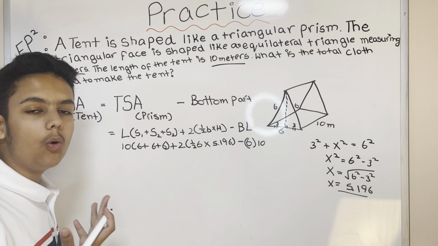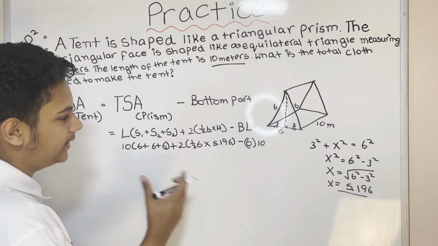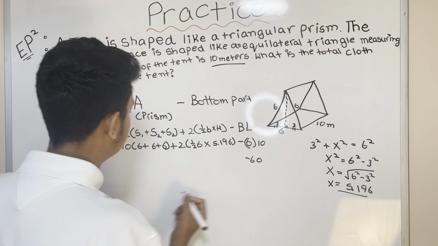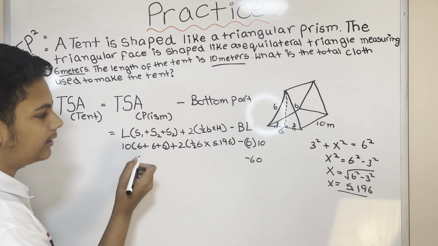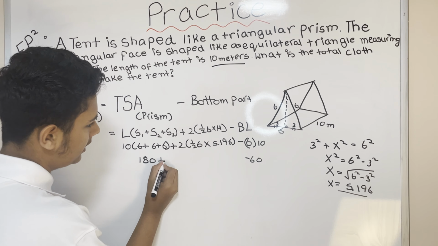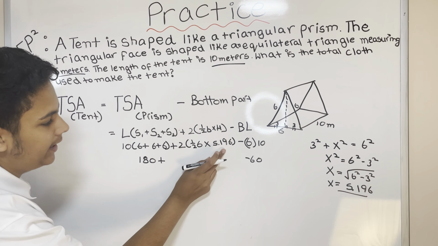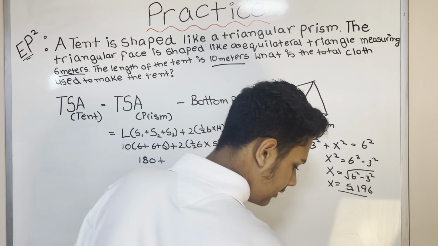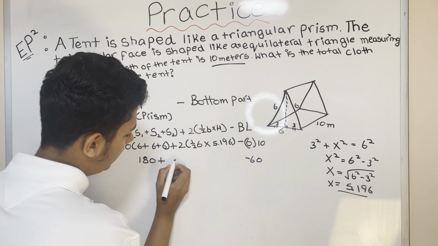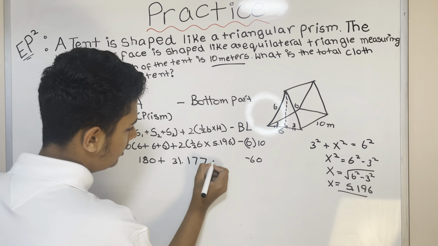And so now the only thing left is calculations. The calculation is going to be pretty easy, except for this part, which you can just put in your calculator. This is 60 subtracting, this 6 plus 6 is 12, plus 6 is 18, times 10 is 180. Then plus one half of 6 is 3, 3 times 5.196, times the 2, so we have 31.172.